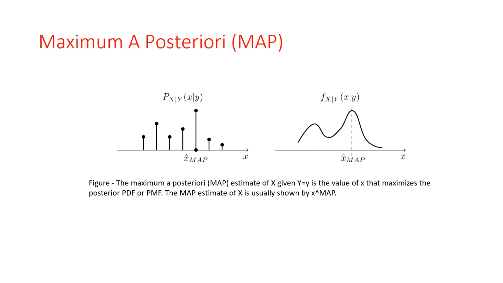See here, the figure shows the maximum a posteriori estimate of X given Y equal to y. It is the value of X that maximizes the posterior PDF or PMF. The MAP estimate of X is usually shown by x hat MAP.